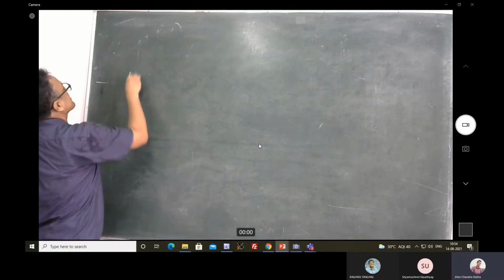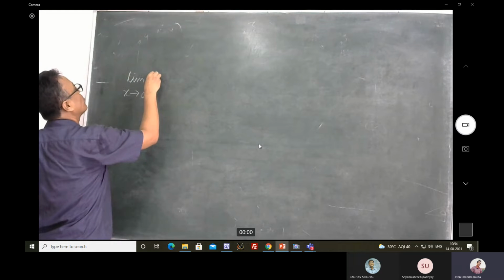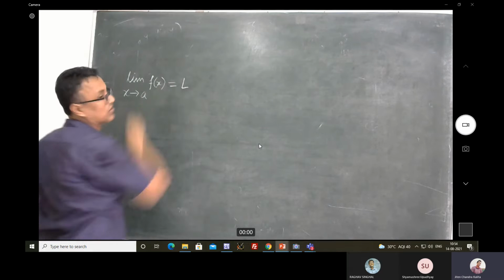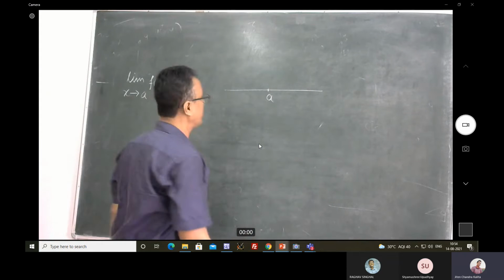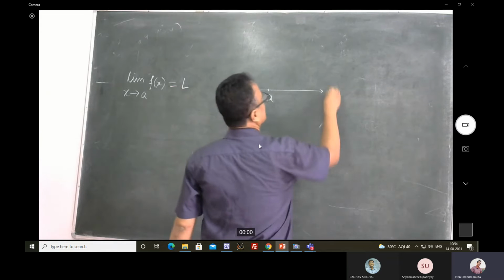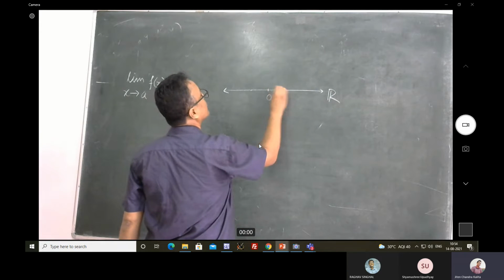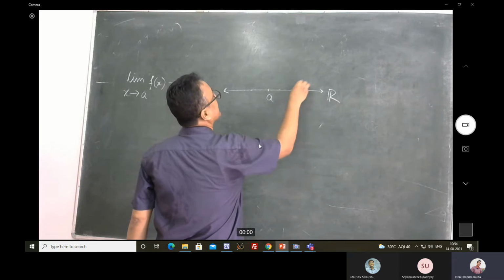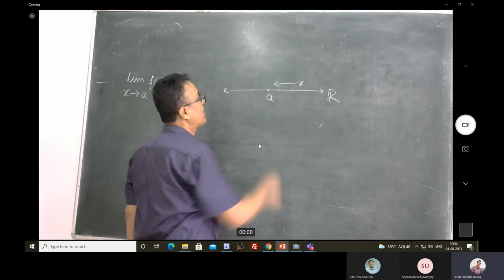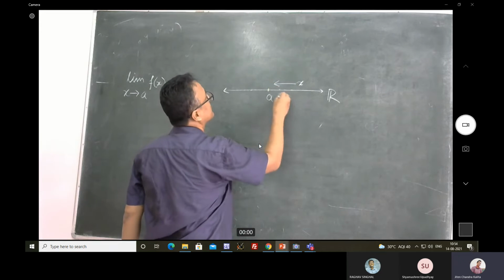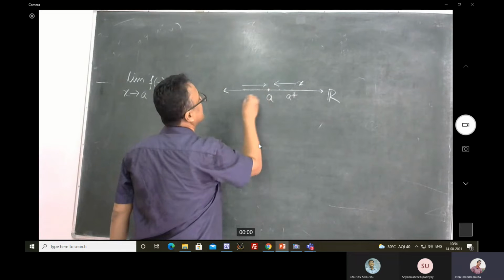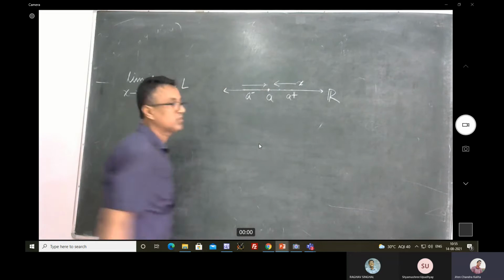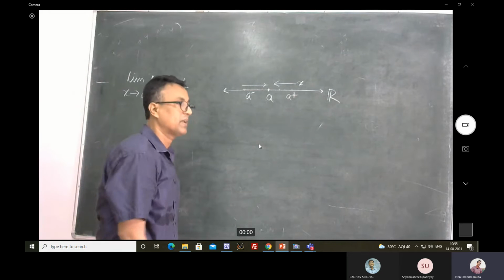When we consider a function of one variable, say I say limit x tending to A of f of x is equal to L, and this point is A on the real axis, then x can approach A from the right, in which case all the values of x are going to be greater than A. And x can approach A from the left also, in which case all the values of x are going to be less than A. So that is what we do, A minus and A plus.